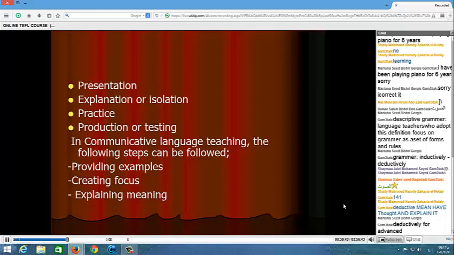In communicative language teaching, the following steps can be followed. Providing examples, again the same steps.